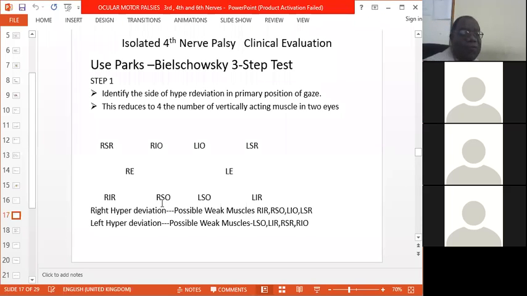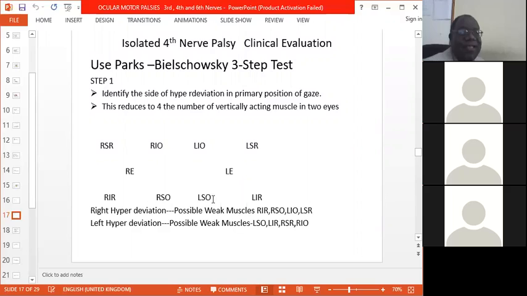Equally, if it's the left eye, it means the left superior oblique and the left inferior rectus are slightly weaker. That's why the left is appearing to be higher. Does that make sense? So right hyperdeviation, possible weak muscles are these to allow for that to go up. If it's left hyperdeviation, the weak muscles possible is this down here.